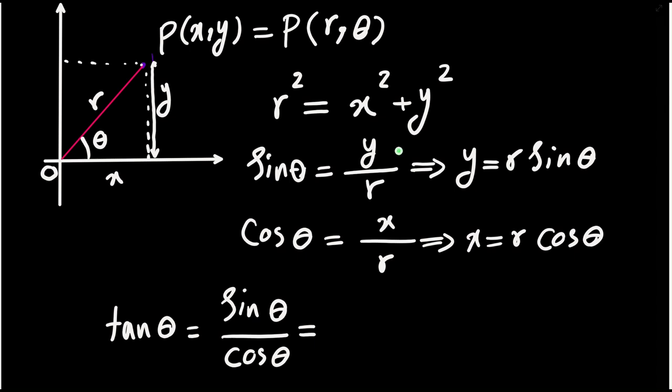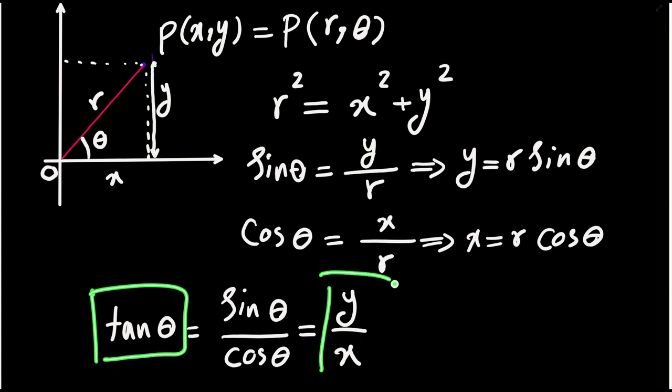On the right-hand side, you have y over r divided by x over r, so it equals y over x. So we found that tangent of theta equals y over x.